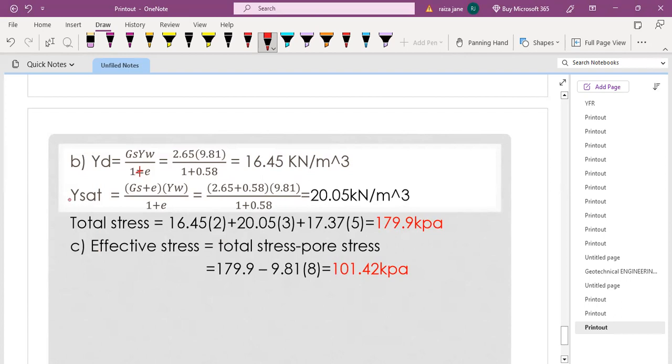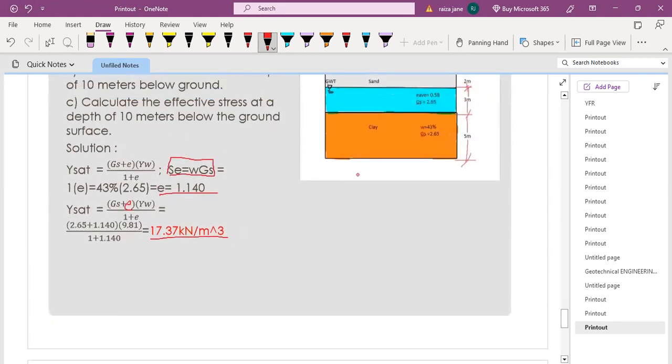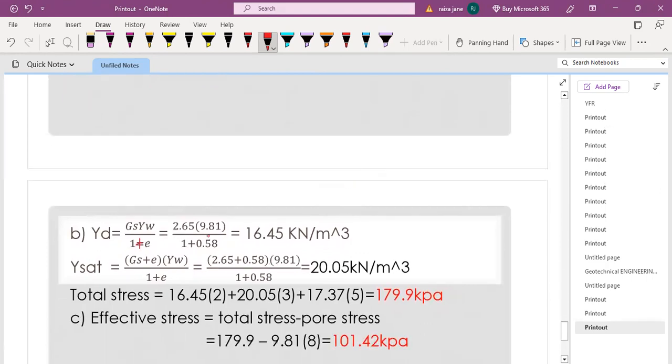Next, the unit weight saturation for the sand. So, yung formula na i-use natin will be Gs plus E multiplied by unit weight of water over 1 plus void ratio. So, substitute the values natin dito. 2.65 times 9.81 over 1 plus 0.58 will be 16.45.